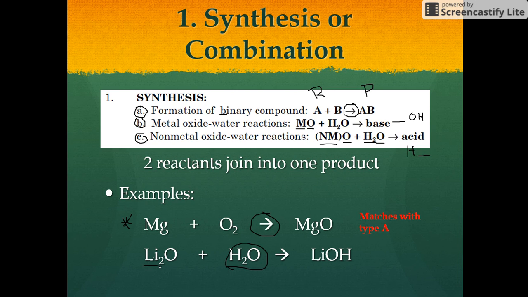What you'll notice is Li is a metal, so that means it's a metal oxide, not a nonmetal oxide. And it made this LiOH, which is a base, so this matches with type B. What's most important for you to know is that it's a synthesis reaction. If you're able to identify whether it's A, B, or C, that's even better.